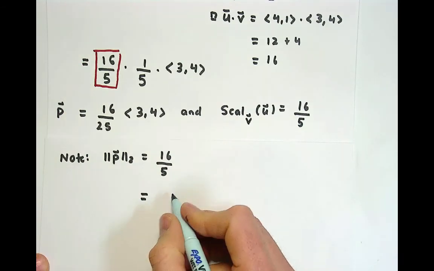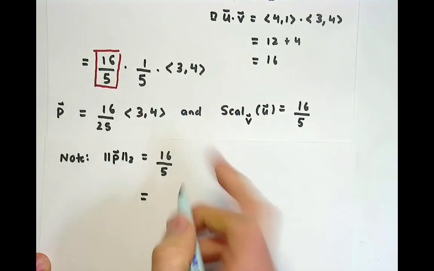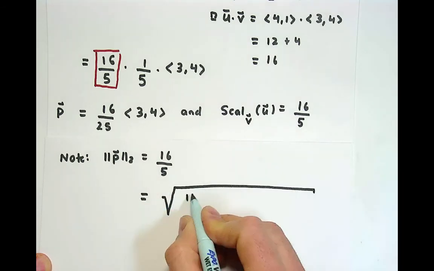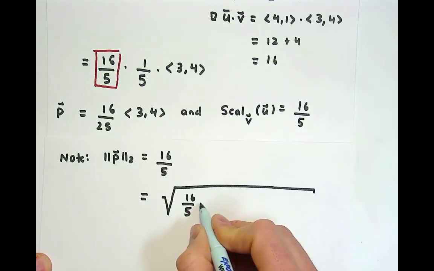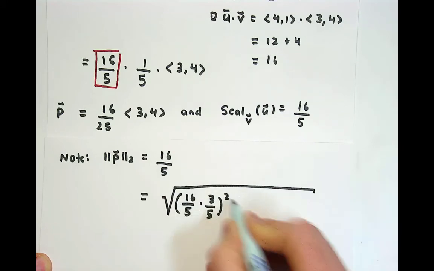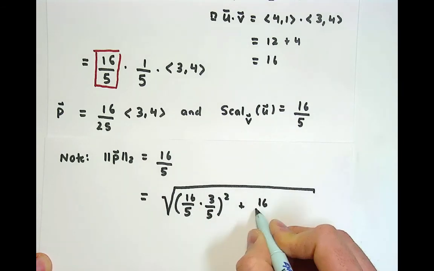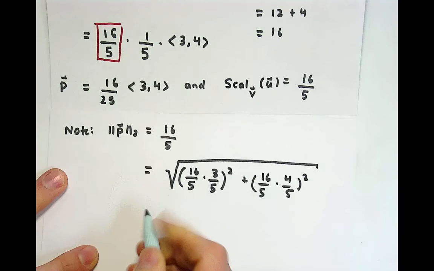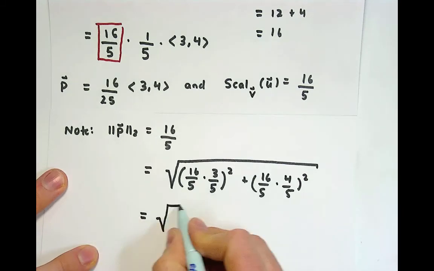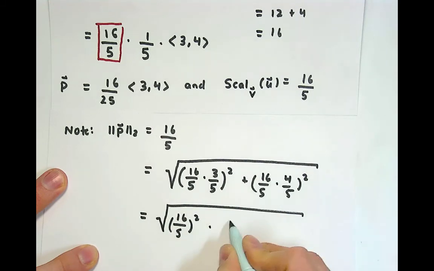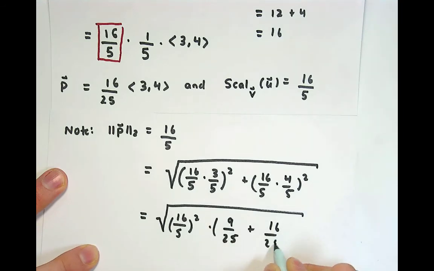So here, if you take the 2 norm, it would be the square root of 16 over 5 times 3 over 5 squared plus 16 over 5 times 4 over 5 squared. Notice I can pull out a 16 over 5 squared because it's in both terms. And then I'm left with 9 over 25 plus 16 over 25.